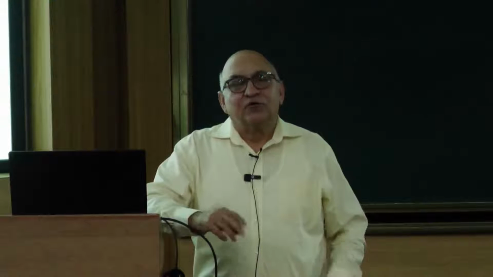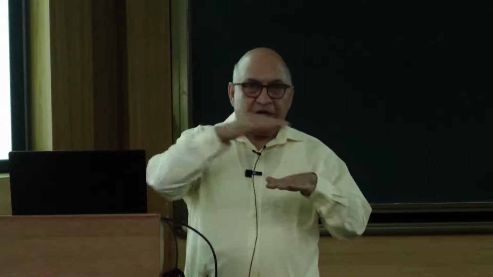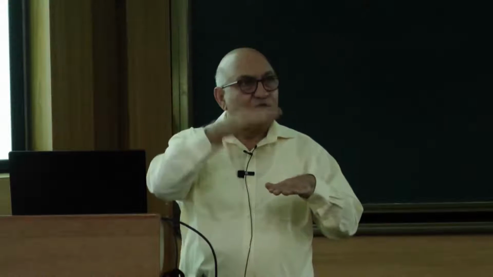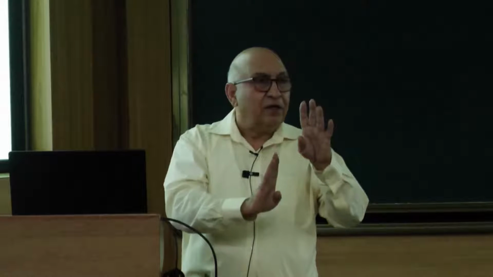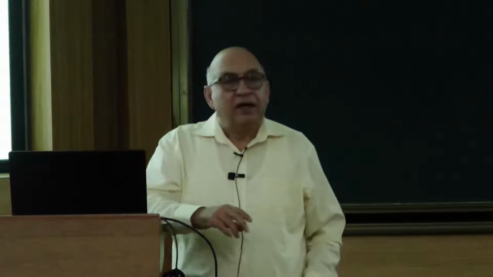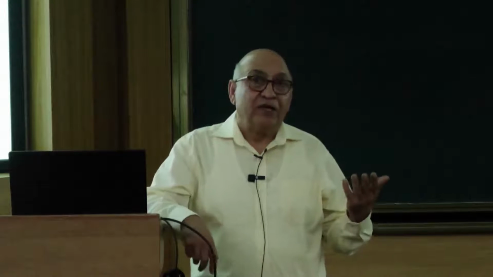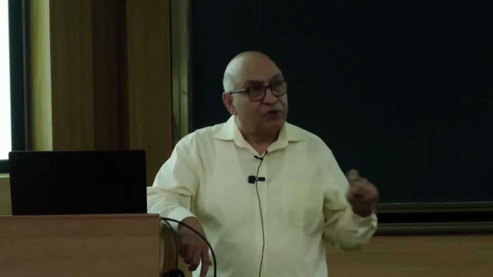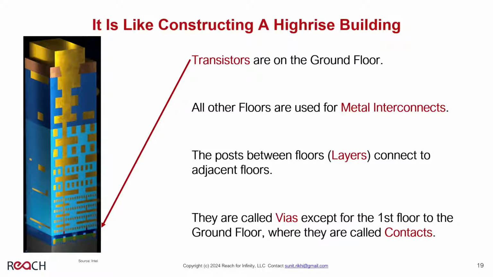So you've got transistors, you've got layers of metal in different floors, and the interfloor connections are all supported by posts that are called vias most of the time, but for the transistor connections, they're called contacts. So that is the simple way of looking at how a wafer is processed.